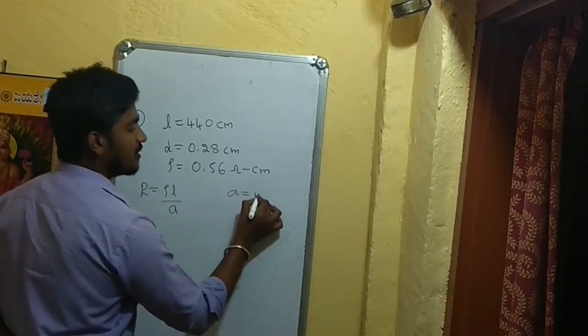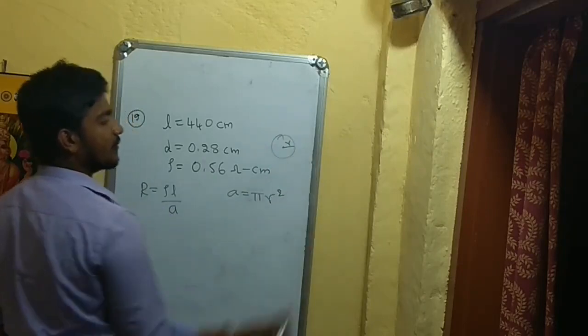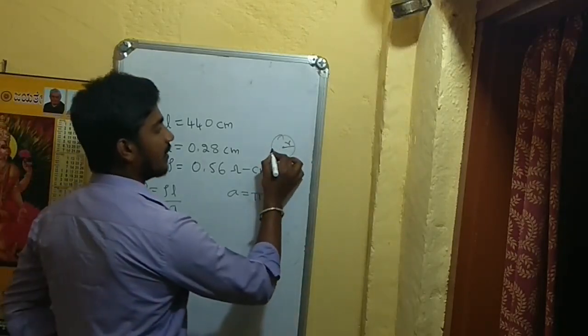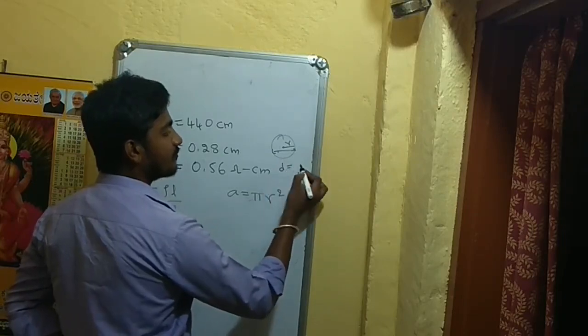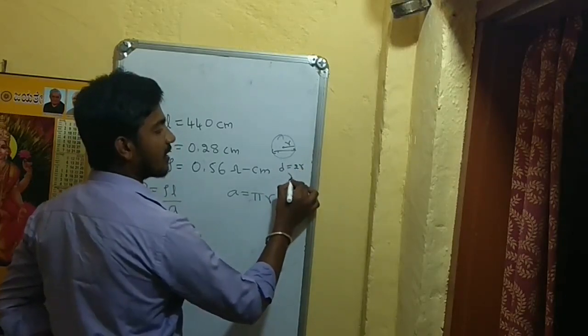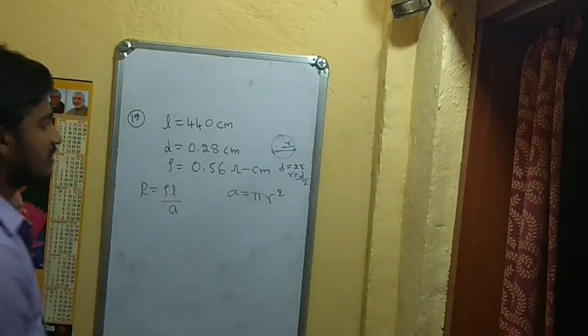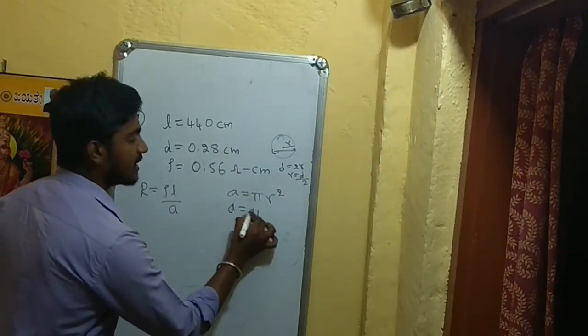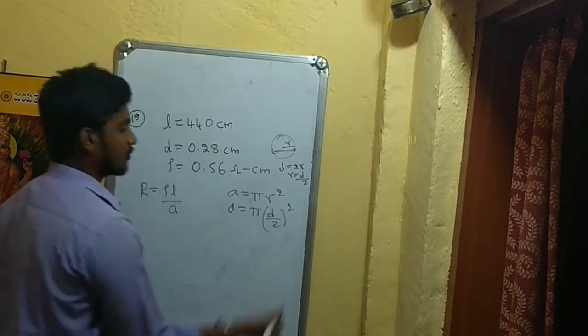Area is equal to pi r square. If r is the radius, then the diameter D is equal to 2 times r, or r is equal to D by 2. So I can replace radius r with D by 2 whole square.